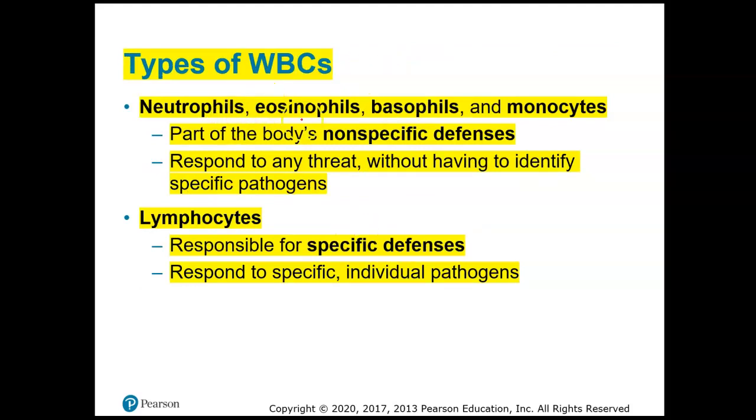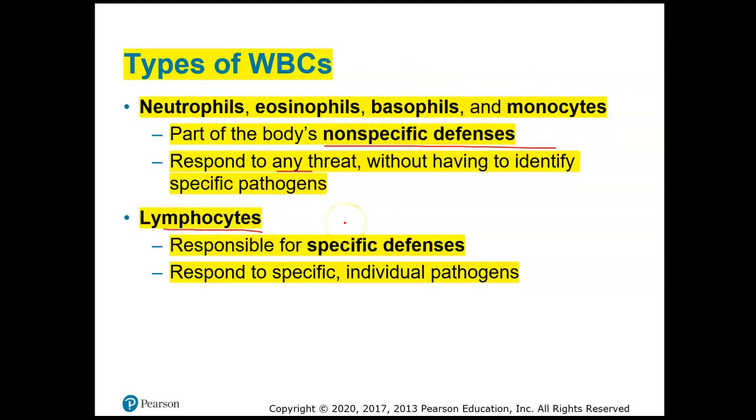The neutrophils, eosinophils, basophils, and monocytes, those four are part of the body's non-specific defense. They respond to any threat without having to identify specific pathogens. So they're part of our non-specific immune system.